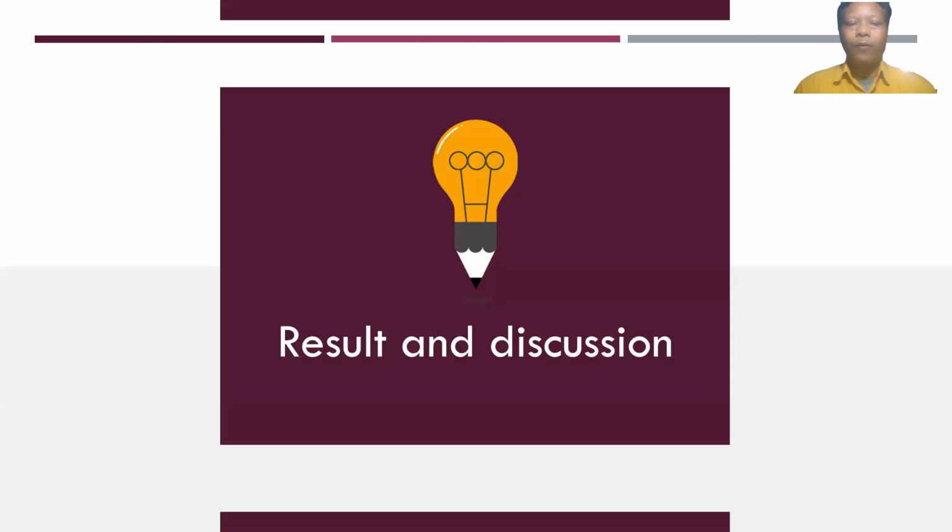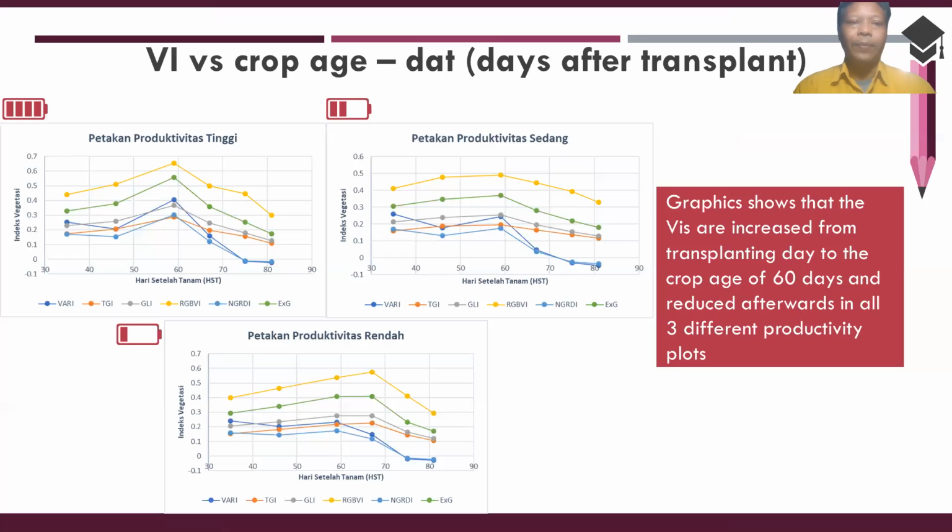What we found from this research: the relation between vegetation index and crop age developed as the crop developed. It shows increases in vegetation index values from the day of transplanting up to 16 days of the crop age.